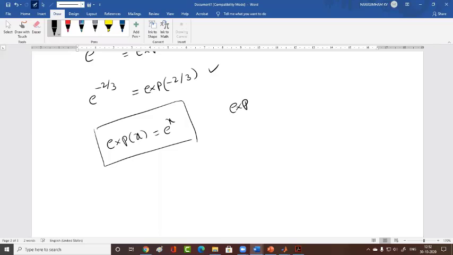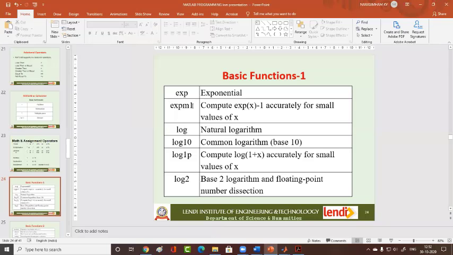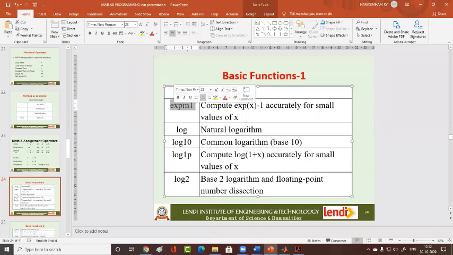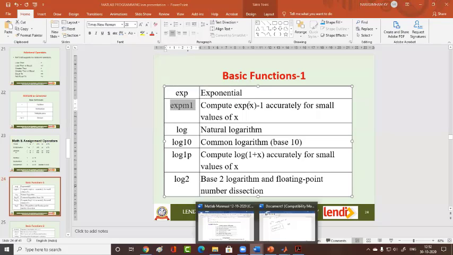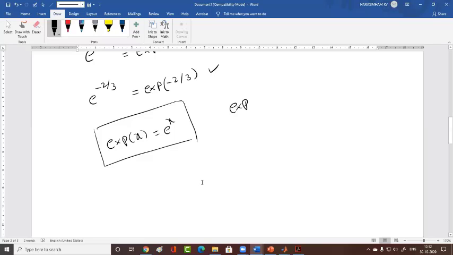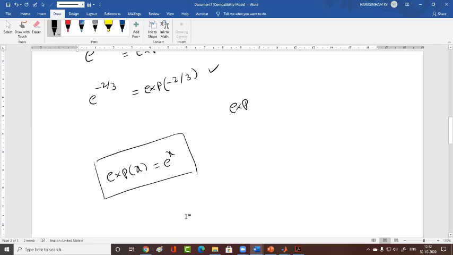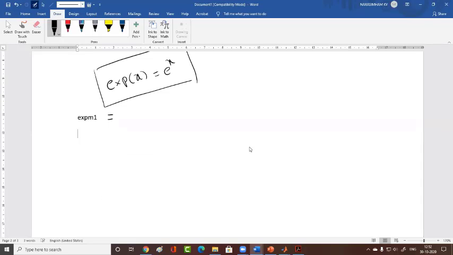Now clearly observe expm1. expm1 is nothing but, for some x, e power x minus 1. m1 is nothing but minus 1. Suppose you want to know the value of e power 1.3 minus 1, simply use expm1 of 1.3.